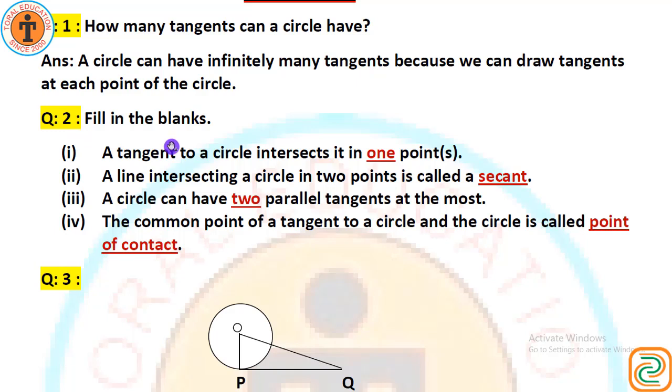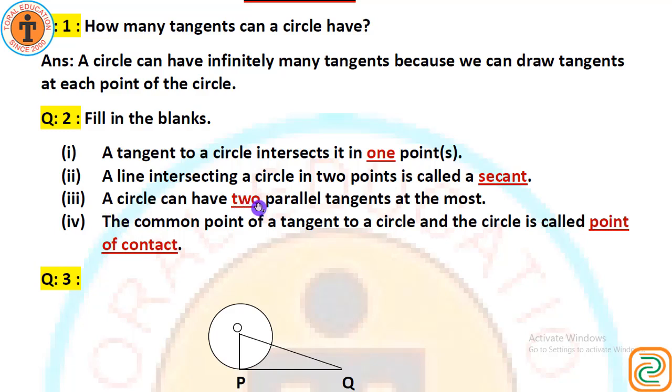Fill in the blanks. Question number 2. First one: a tangent to a circle intersects it in one point only. A line intersecting a circle in two points is called a secant. We have seen the definitions. If a line intersects in two points, then it is a secant.